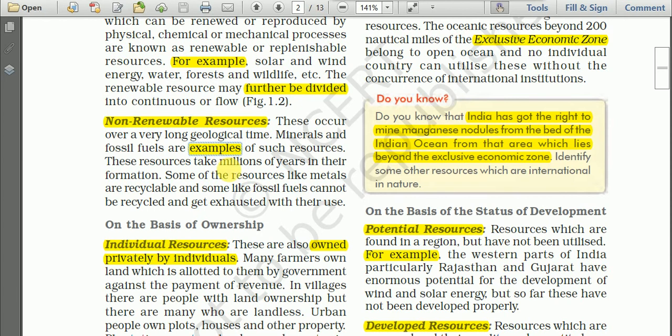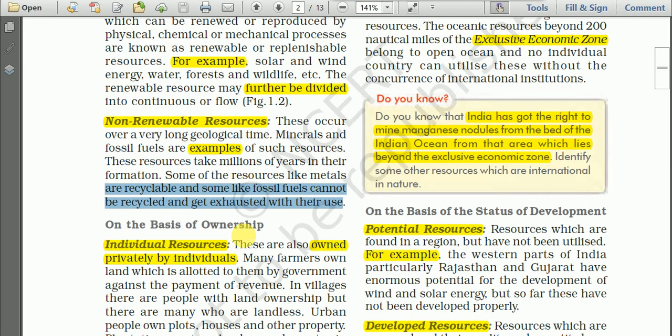Some resources like metals are recyclable, and some like fossil fuels cannot be recycled and get exhausted with their use.